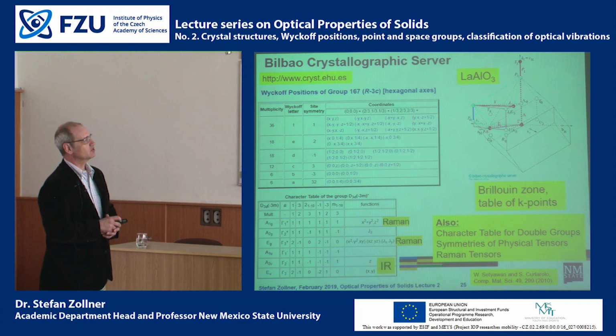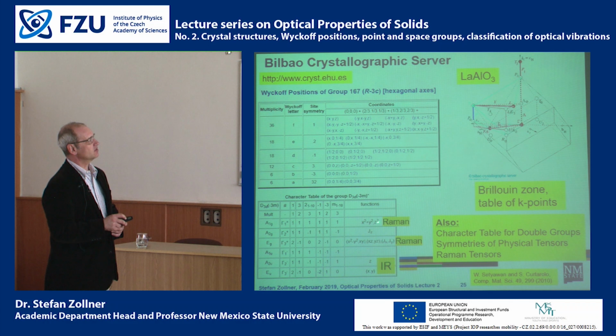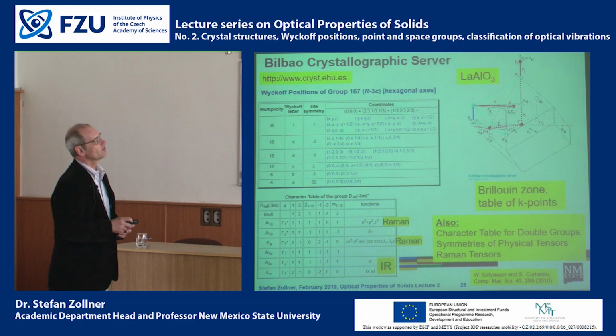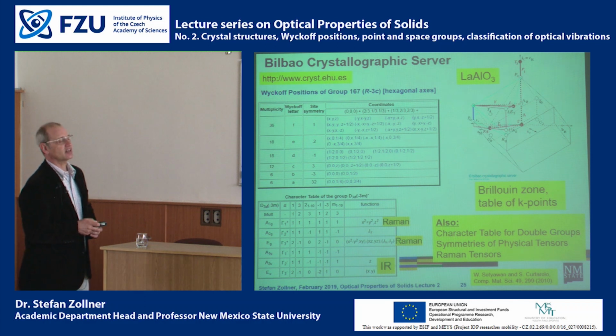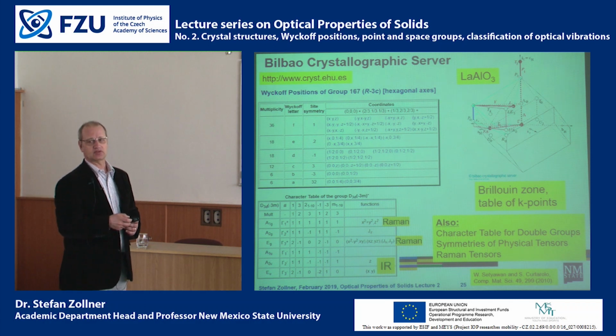Representations that transform like binary products of the coordinates, x squared, z squared, xz, yz, etc. These binary polynomials, second order polynomials of the coordinates, they tell us the Raman modes.